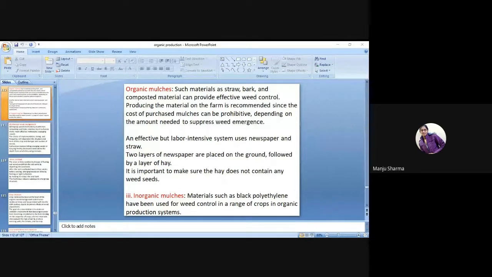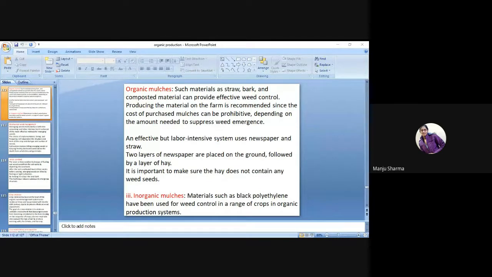An effective but labor-intensive system uses newspaper and straw. Two layers of newspaper are placed on the ground, followed by a layer of hay.